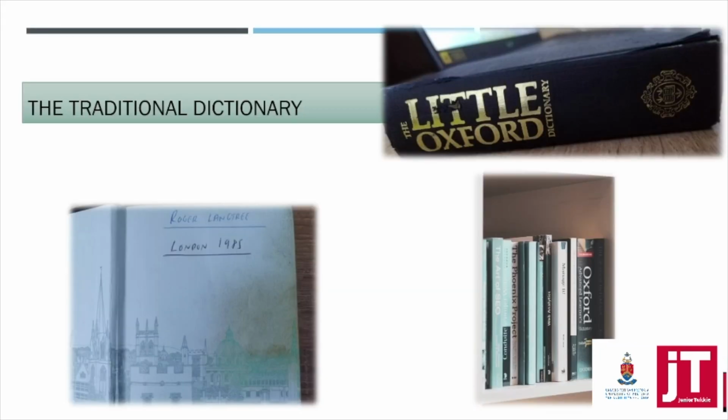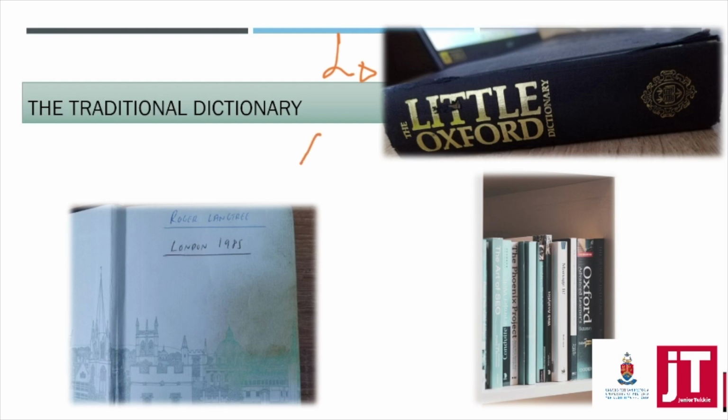So the two types of dictionary extract that the government might test you on include the traditional dictionary, which looks a bit like this one on the side here, and then there's also the digital dictionary, which we are going to look at in a minute. So let's dive into the traditional dictionary.